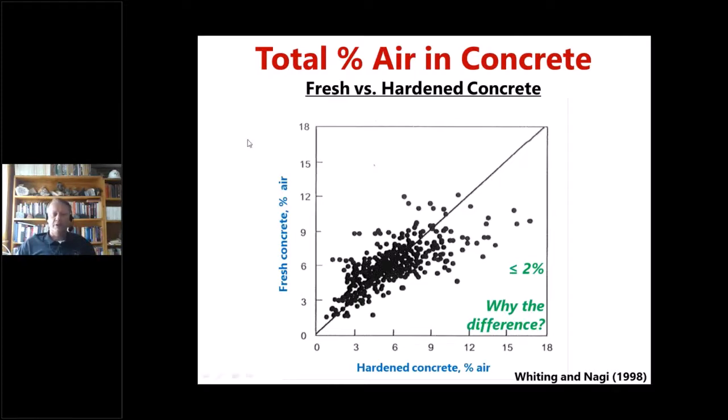But it's important to understand that, first of all, the method of measuring air in fresh concrete is different than how you measure air in hardened concrete. The methods are different, the instruments are different. So right off the bat, you're working with a bit of difference just in how you're doing it, and that's probably accounting for most, if not all, of the variation.